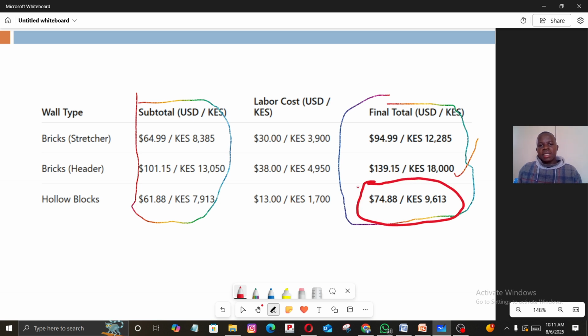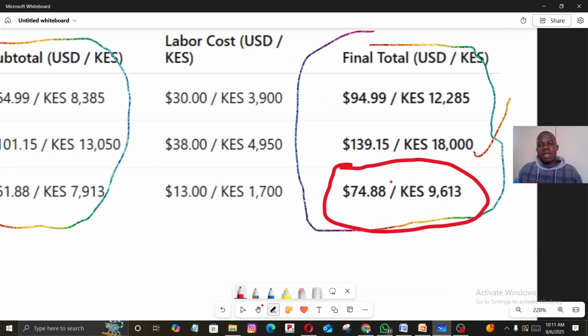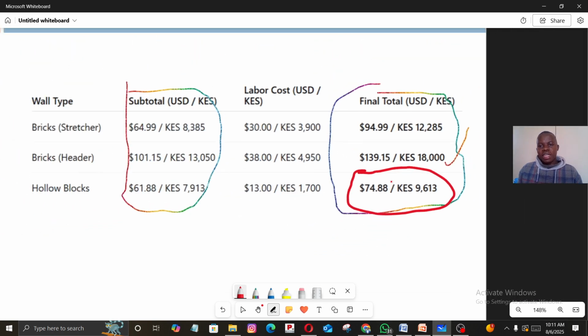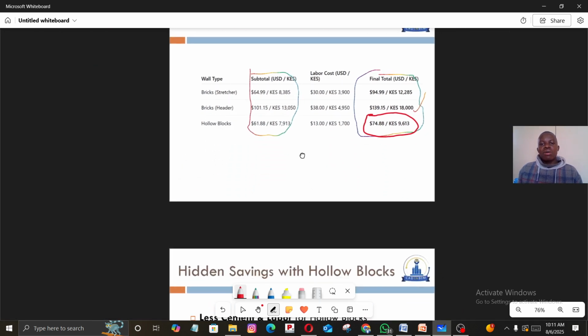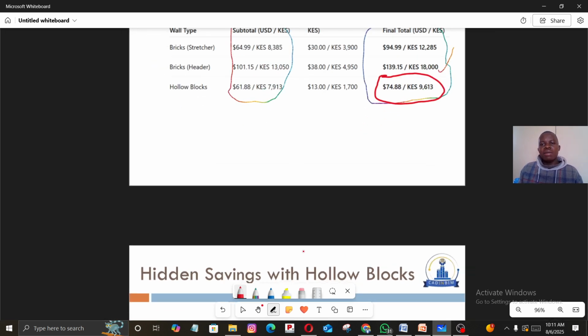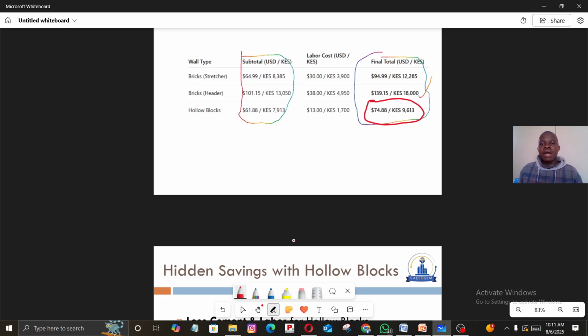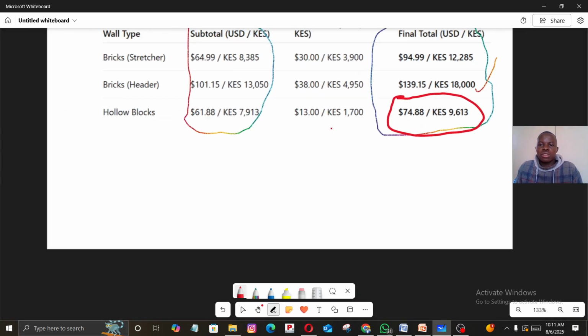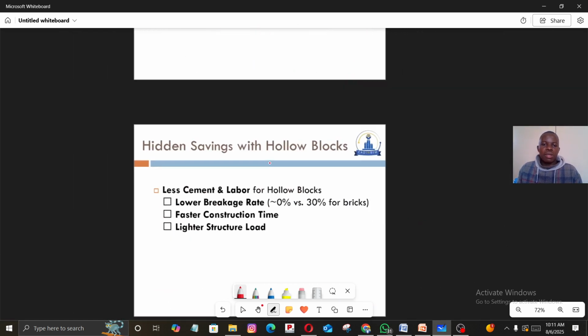So what do we learn? Despite the clay bricks being cheaper per unit, at the end of the day they'll be very expensive, because they will need more of the clay bricks, and when it comes to things like cement and labor, they will use a little higher cost as compared to concrete blocks.